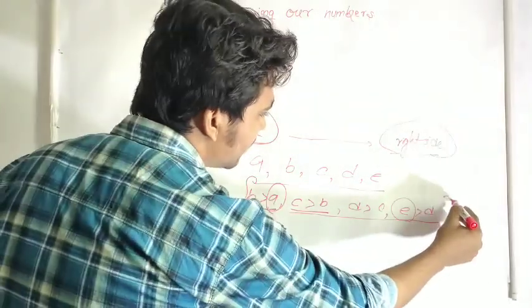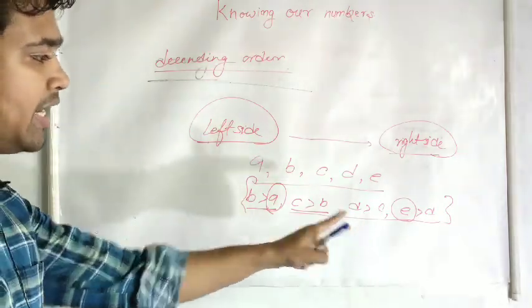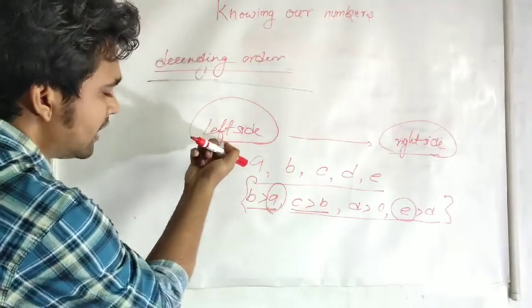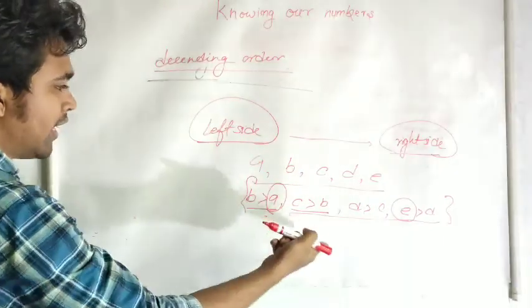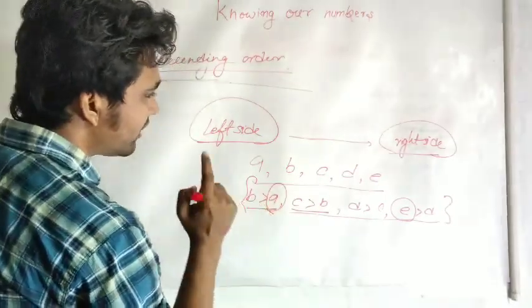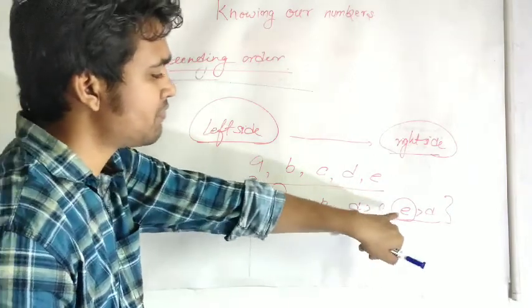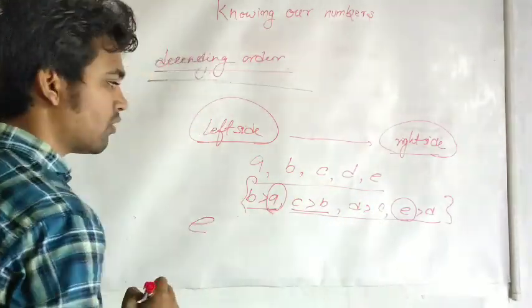On the basis of the given comparison, what we write here is that on the left side the greatest number would be written and on the right side the smallest number. In the given comparison we found that E is the greatest number, so E would be on the left side.